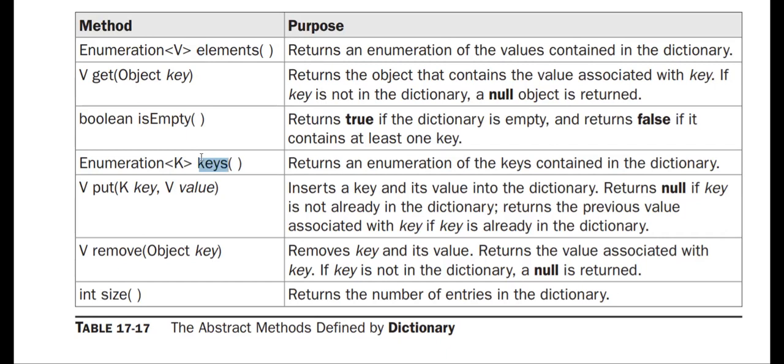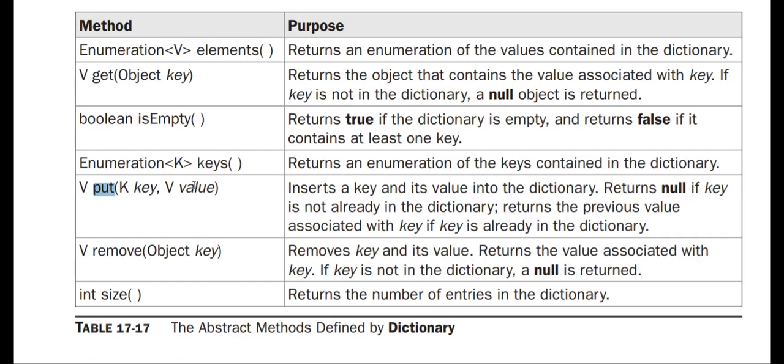Then in order to insert a new key value pair into the dictionary, put method can be used. So put(key, value). The pair has to be inserted into the dictionary, and this method will return null if the key is not already present in the dictionary. If already present, then it will return the previous value.